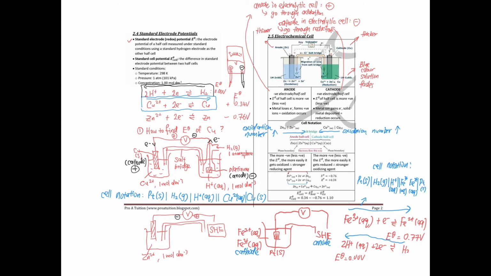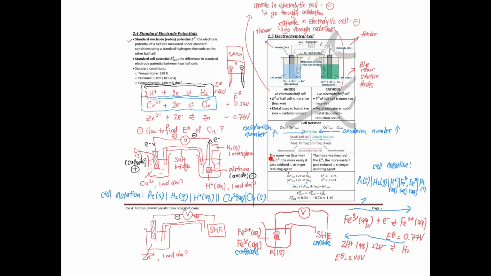You write a comma, as you can see here. So if they are in the same physical state, we write a comma. Different physical state, we write a phase boundary, the vertical line. So this is the third example. Now we just move on.